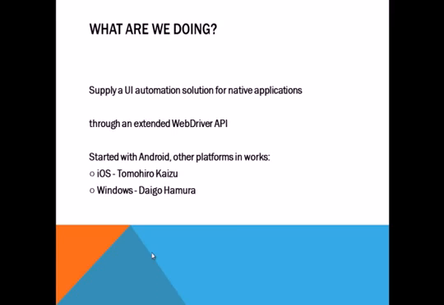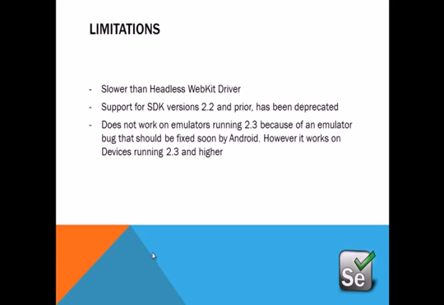So actually what we're doing is supplying a UI automation solution for native applications through an extended WebDriver API, starting with Android or iOS or Windows, whatever you want. Everything has some limitation.